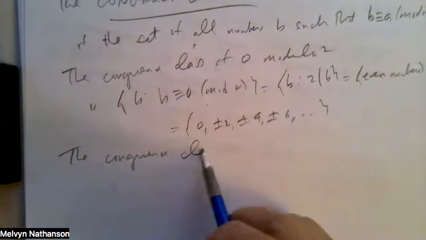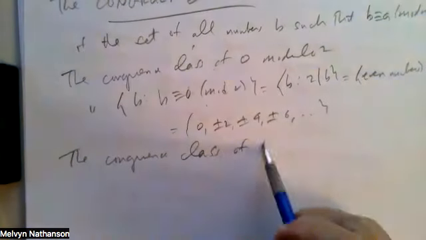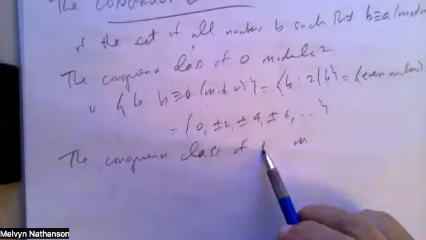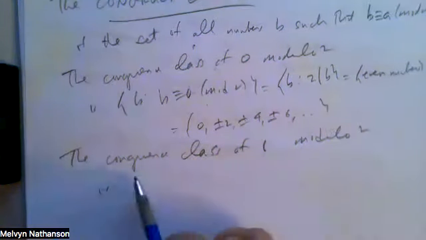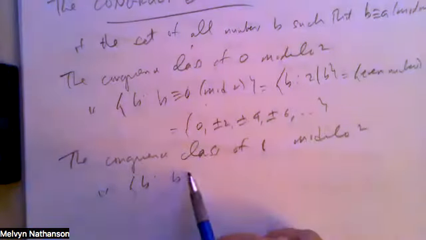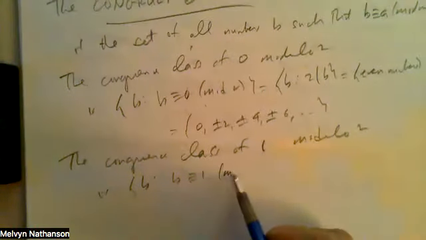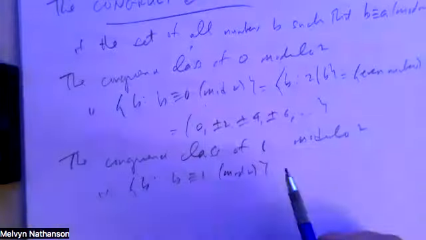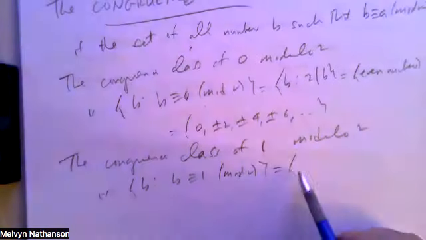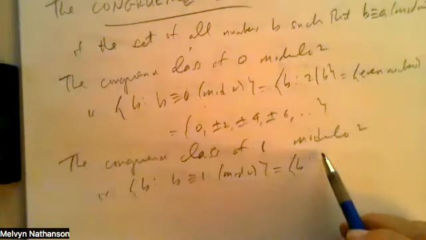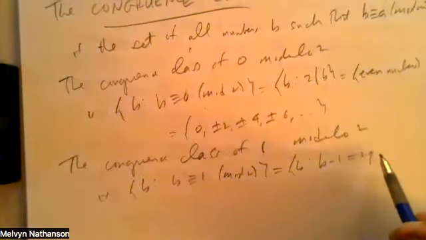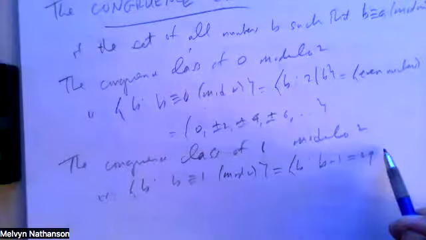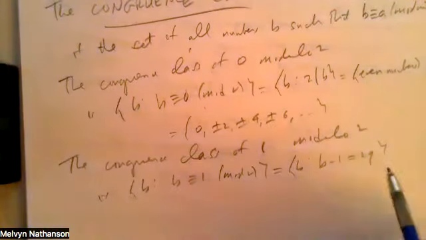What is the congruence class of the number 1 modulo 2? It's all numbers B such that B is congruent to 1 mod 2. This means the set of all numbers B such that B minus 1 is divisible by 2, is 2q for some integer q.